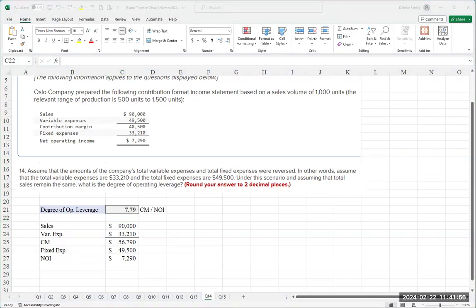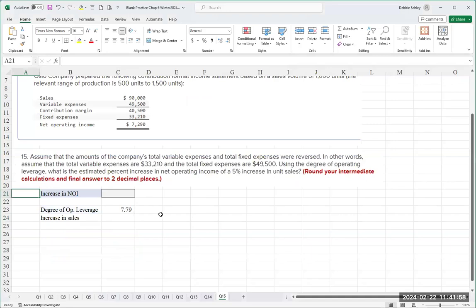So question 15 then is still related to the answer for question 14, right? We're still swapping those two numbers. Using the degree of operating leverage, what is the estimated percent increase in net operating income of a 5% increase in unit sales? So my increase in sales is 5%. And again, this degree of operating leverage came from question 14.